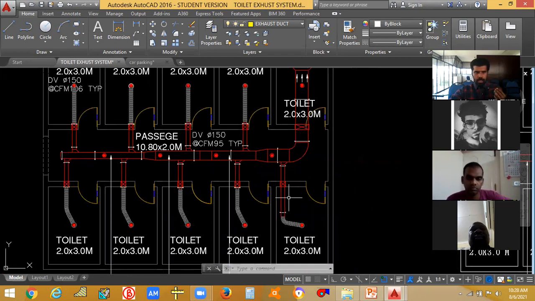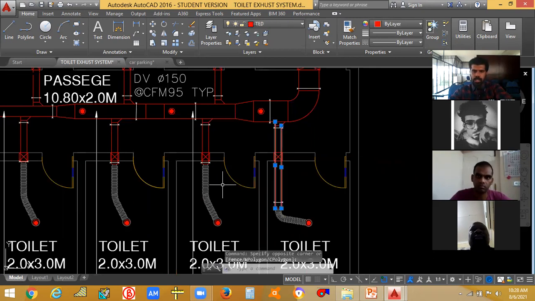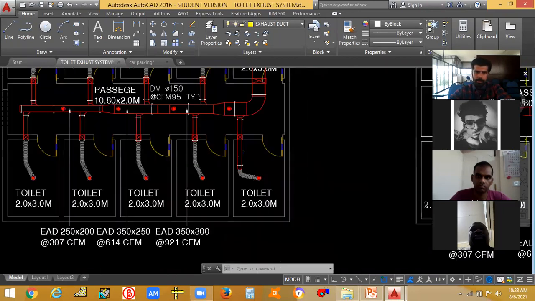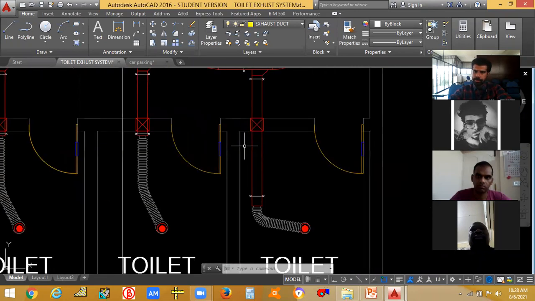Yeah, I think why this is long, sometimes it might be a mistake. This duct, you can do the same as this also, no problem. This might be a mistake. Okay, you can take flexible duct till this much, no problem.